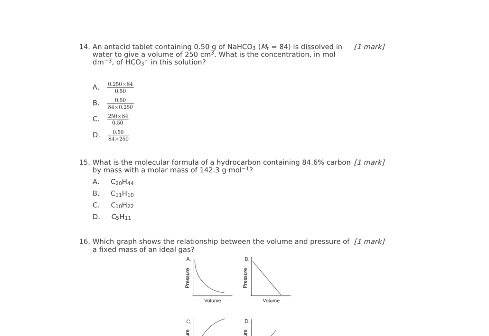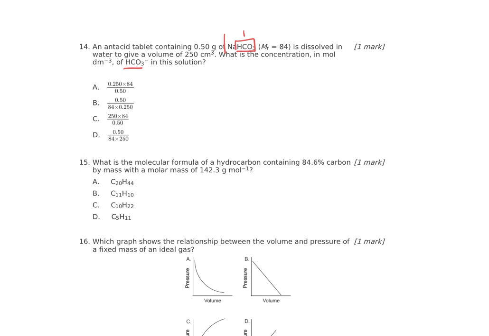So the next one, this is more the typical type of maths question you get in the first one. So an antacid containing 0.5 grams of sodium hydrogen carbonate dissolved in water to give a volume of 250. What is the concentration in moles per decimeter cubed? Now it says of HCO3, okay, but it's going to be a 1, whatever moles I have for the whole thing, I have that many moles of the HCO3.